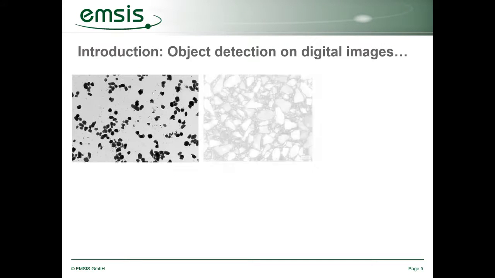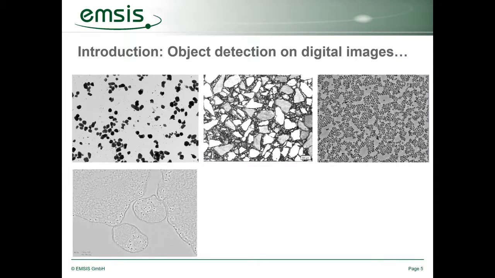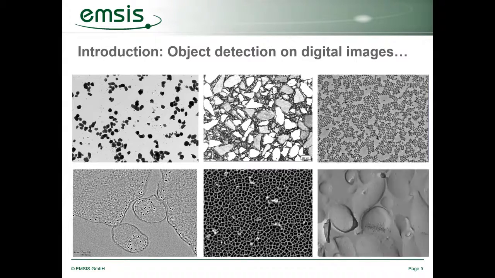If you have a look at the images which are popping up here right now, the first idea is that it's very easy for the human eye to detect objects on these images. They are really different, but there is no problem for the human eye to directly approach these as objects, as particles, and there is no real big problem for you to, for example, count the black particles on the upper left image or even see the smaller dark objects in the lower left image.